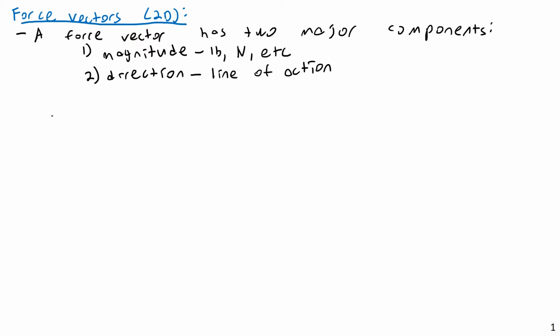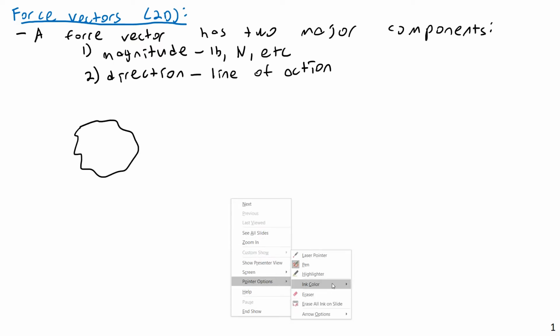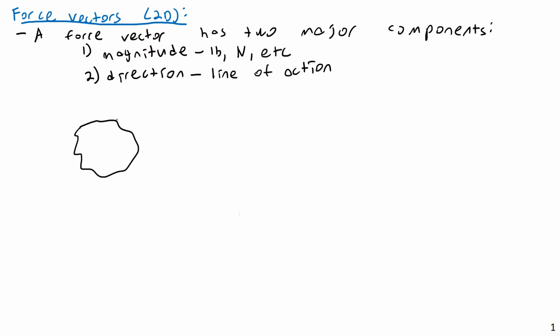So, examples of force vectors. If I have a rigid body and I apply a force to it, maybe 10 newtons, it will have a magnitude and a certain direction. I could describe that as having some angle theta.